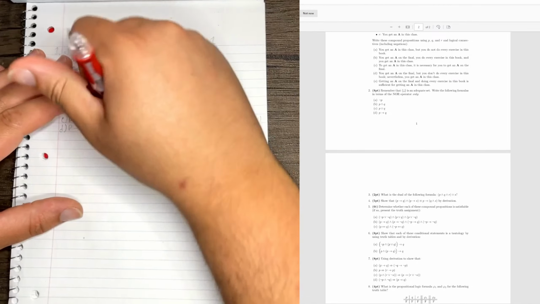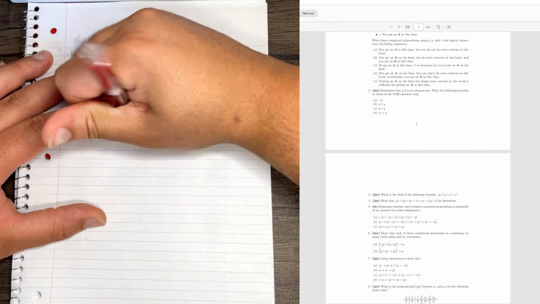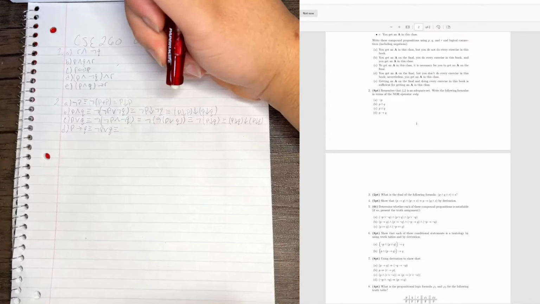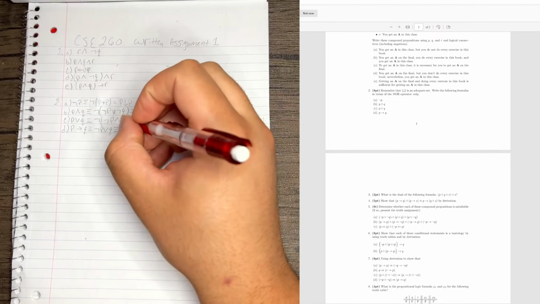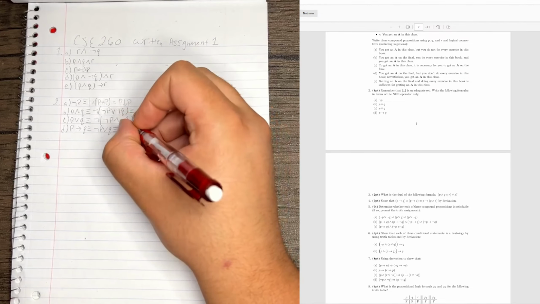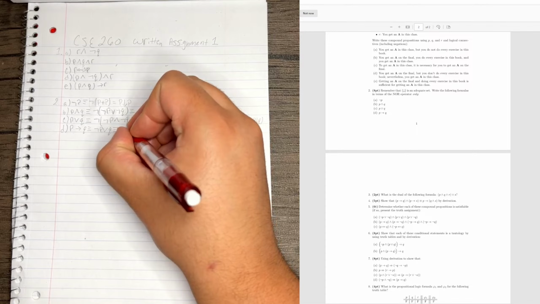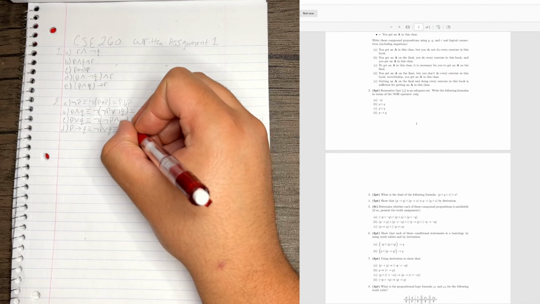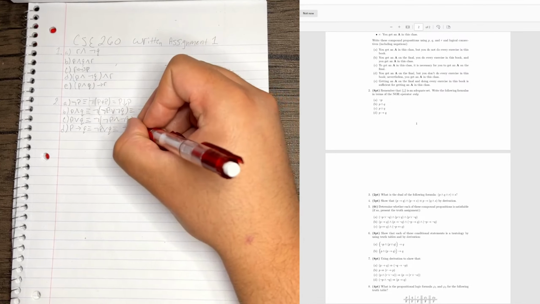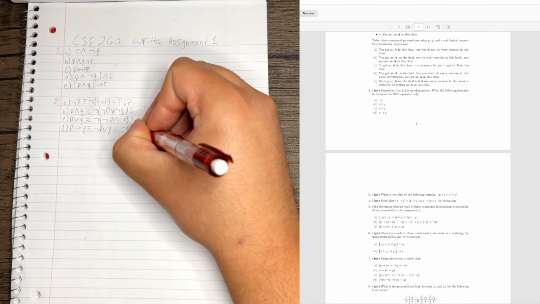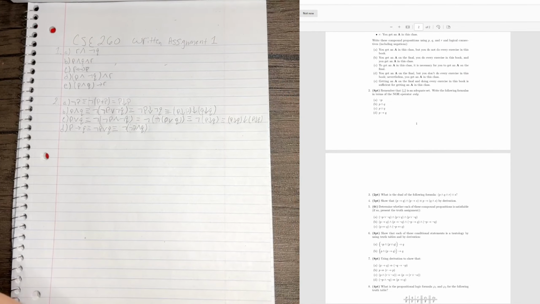Let me just write it out, so it's not just me guessing. Because at this point, I'm just estimating it. Not P and Q. Is that how that works?